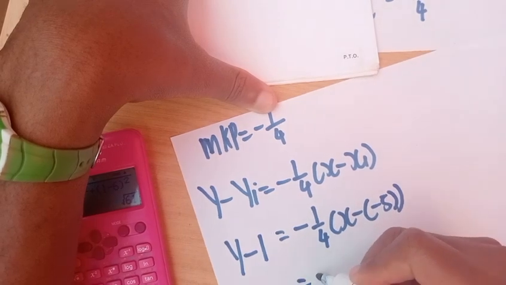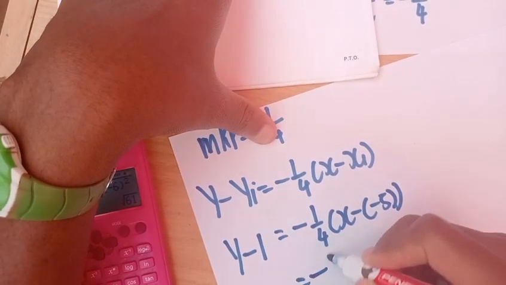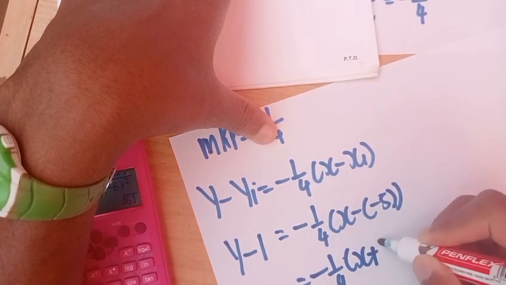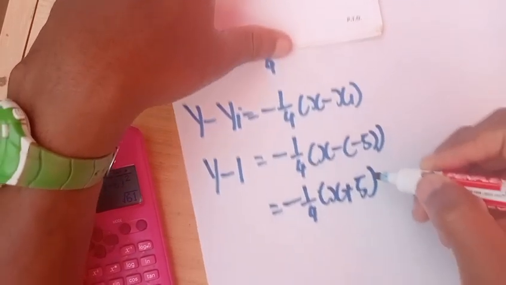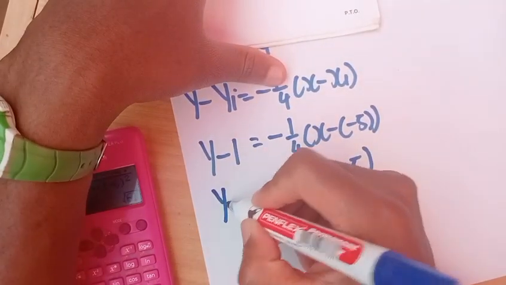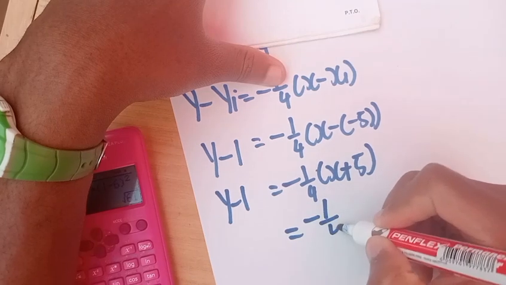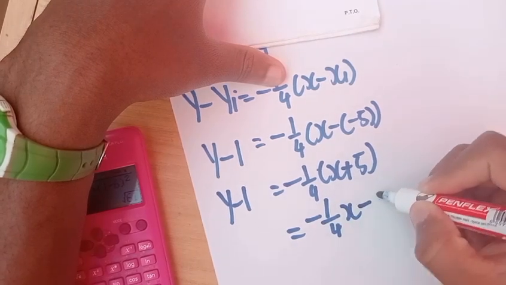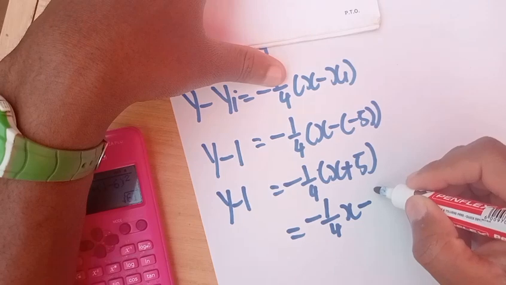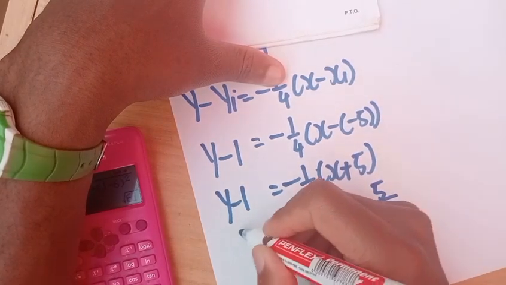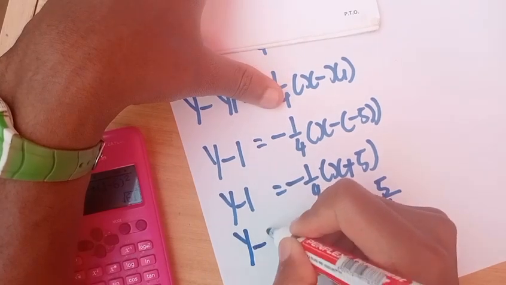Then you get negative 1 over 4 x plus 5 over 4 for the right side, y minus 1.